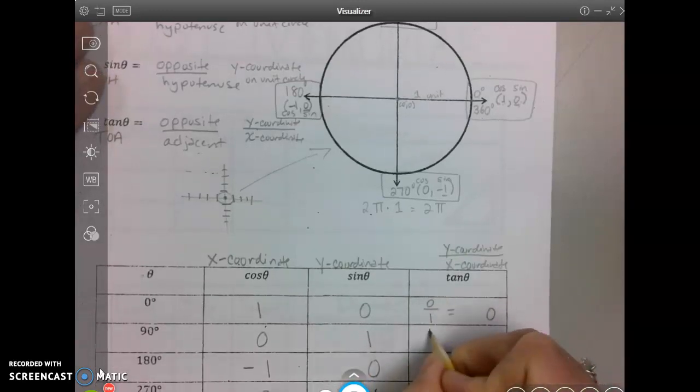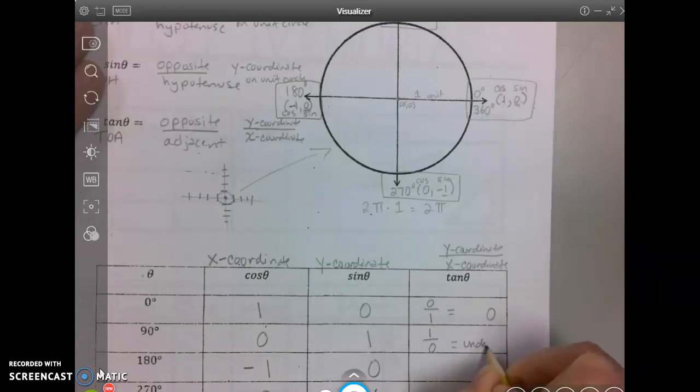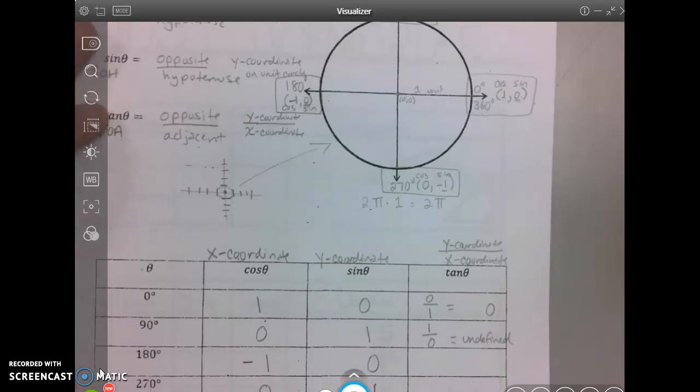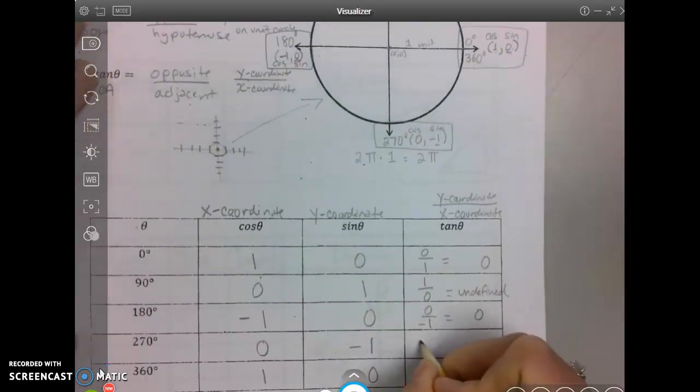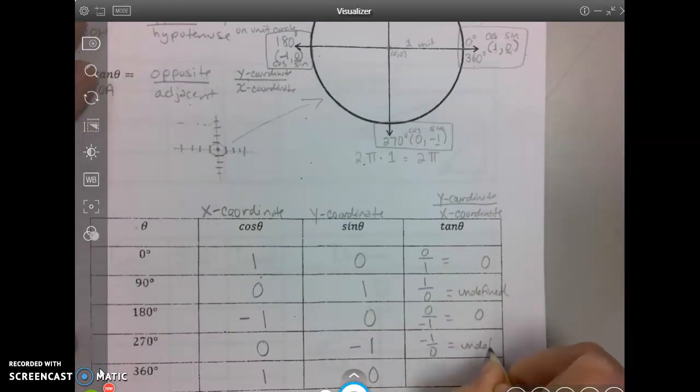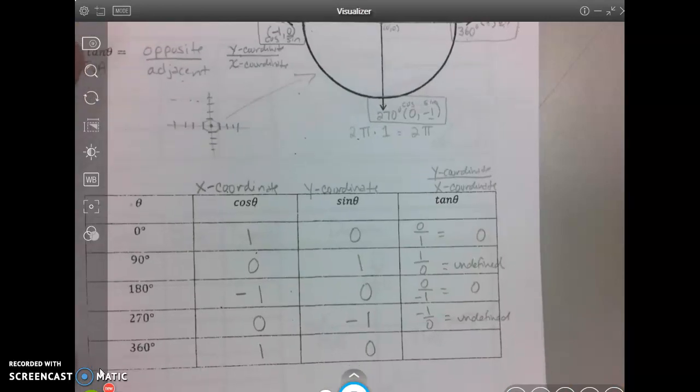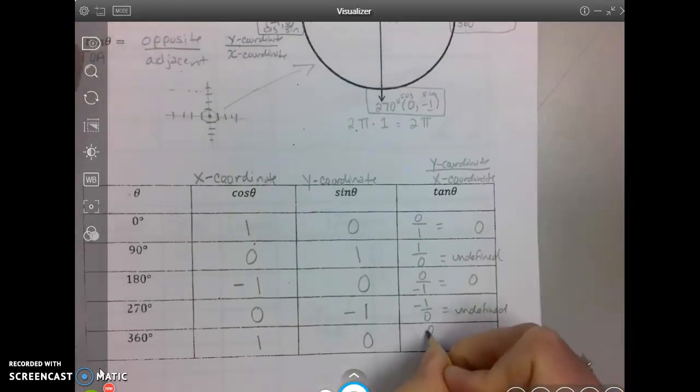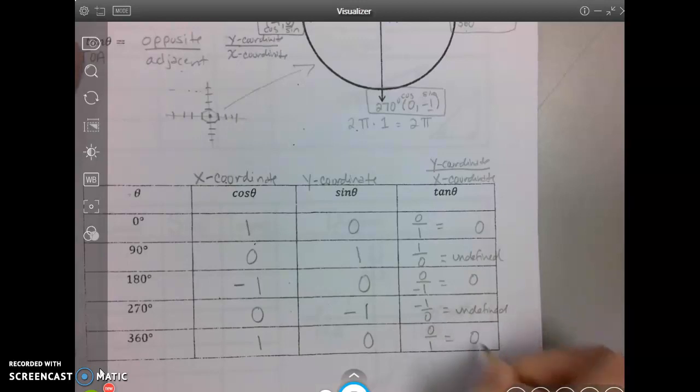For 90, it will be 1 divided by 0, which is undefined. You cannot divide by 0. You can try doing it in your calculator, you will get undefined. For 180, we get 0 divided by -1, which is 0. For 270, I get -1 divided by 0, and I get undefined. And for 360, I get 0 divided by 1, which is 0.